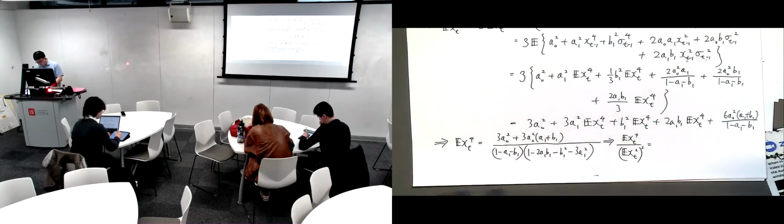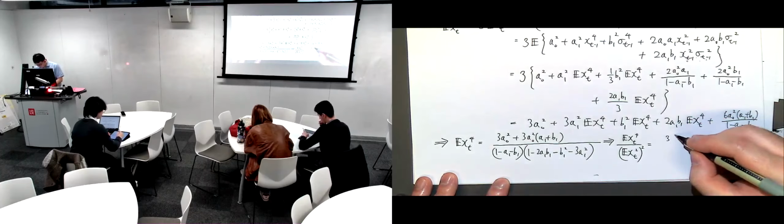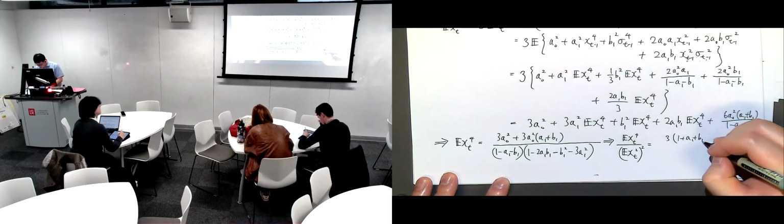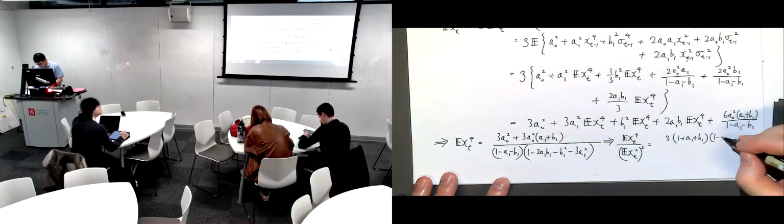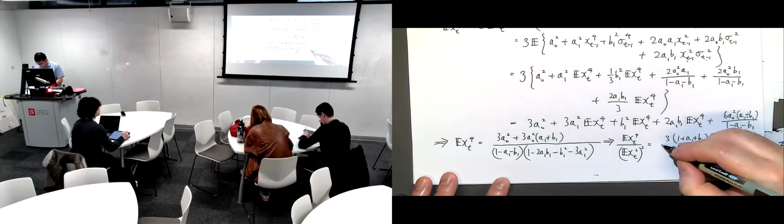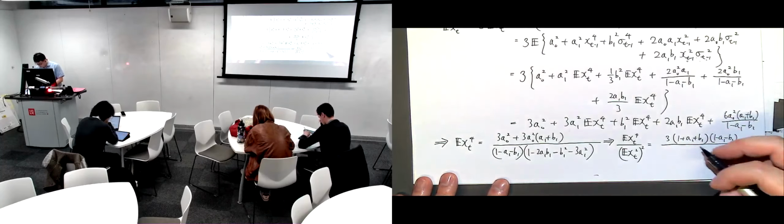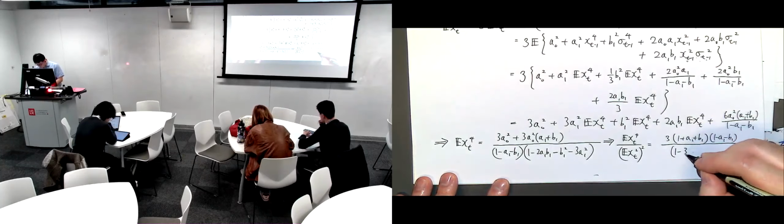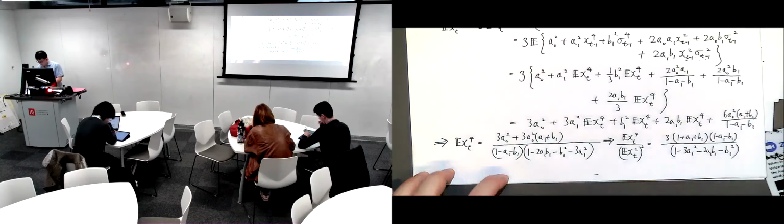So kurtosis will be 3 times 1 plus a1 plus b1 times 1 minus a1 minus b1, and then divided by this 1 minus 3a1 squared minus 2a1 b1 minus b1 squared.